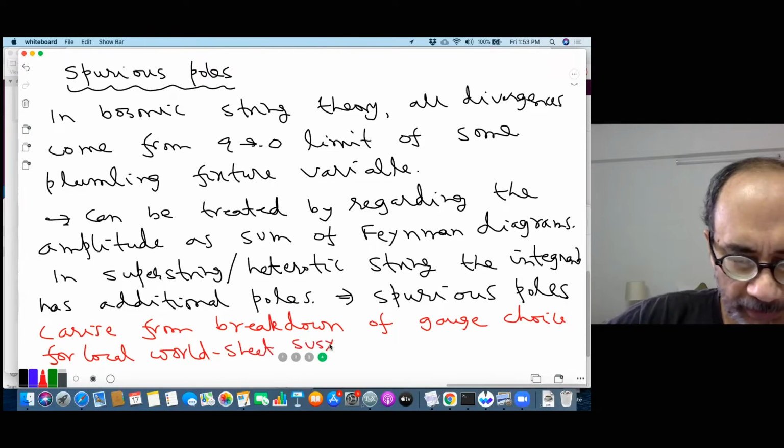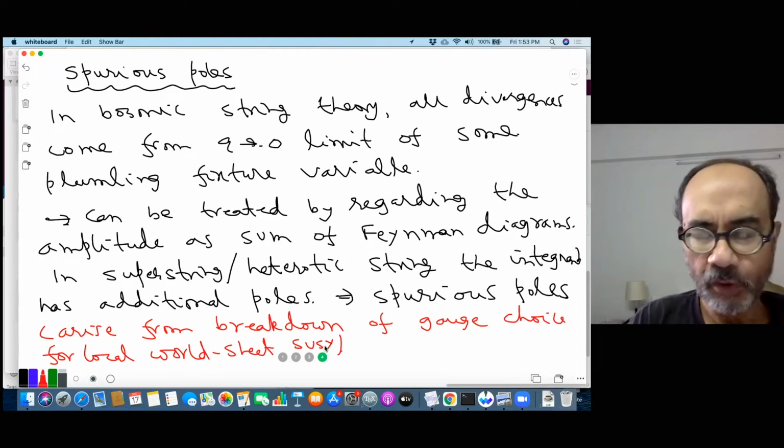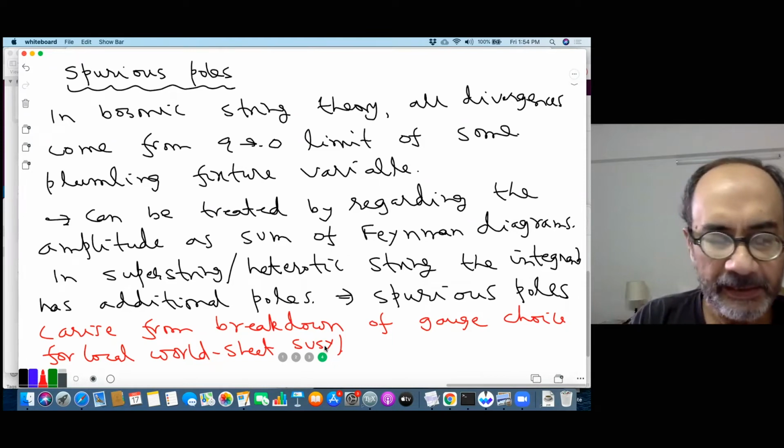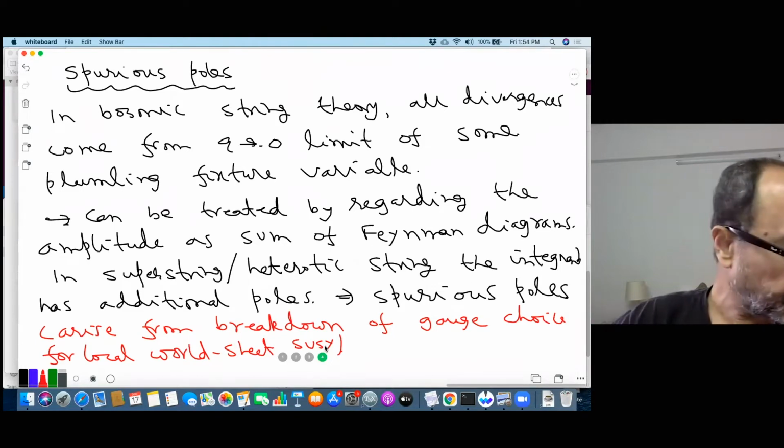Remember that we had a world sheet supersymmetry which we had to fix, and that essentially introduced all these complications of beta gamma, picture changing operators, etc. So these spurious poles occur when the local world sheet supersymmetry gauge choice breaks down.